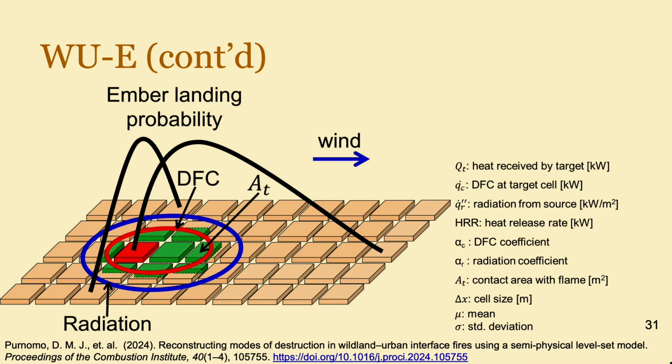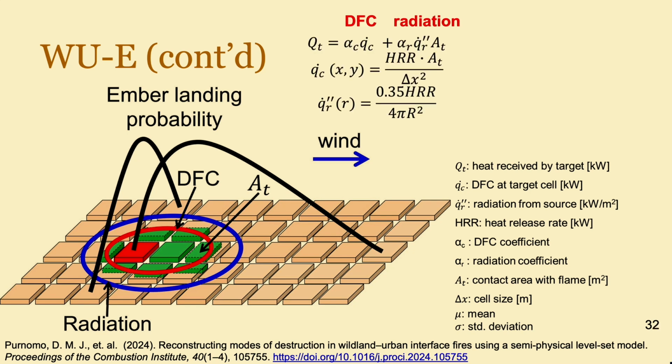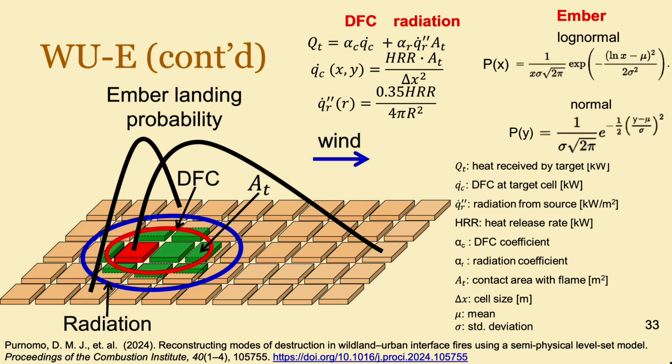So it includes the ember landing probability, including defensible space, radiation, and ember. And so embers are empirical, but they're probabilistic. So all models are run with hundreds or thousands of scenarios, but these are landscape scale, and they're sort of flat. It's like a checkerboard. We don't incorporate weather.